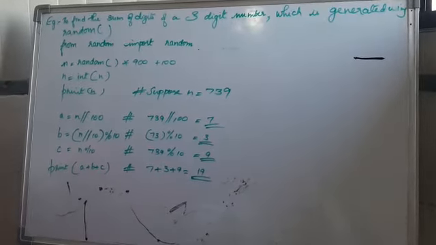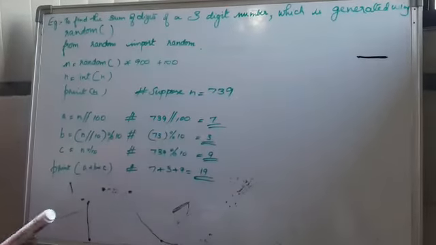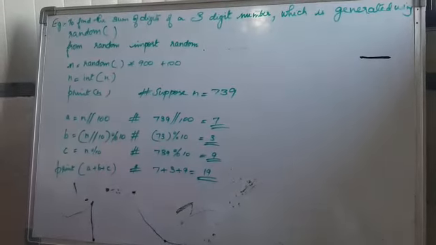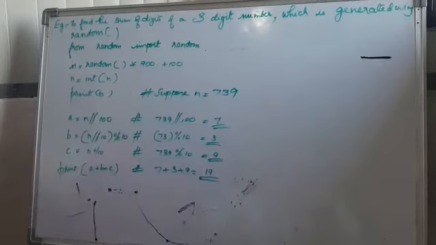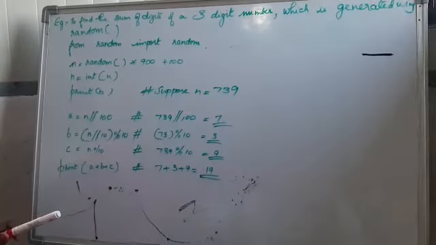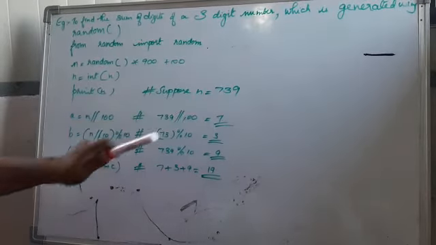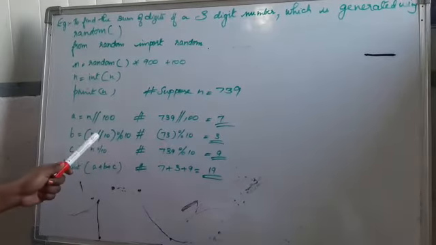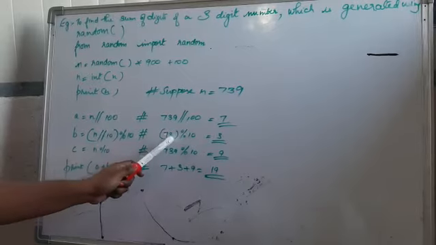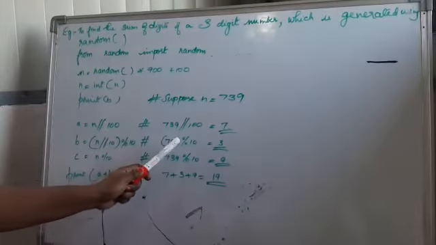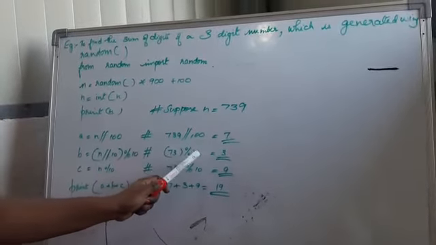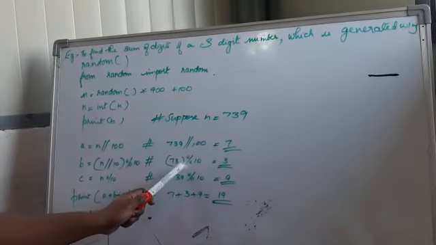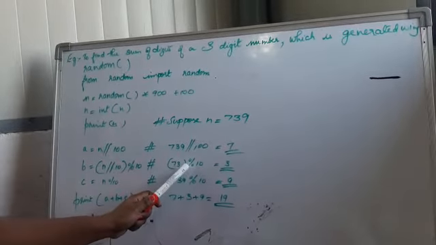Then we are still having this number with us, right? 739. So we have to extract 3 from that. For extracting 3 from this number, first of all we divide this number by 10, so that you will get the value 73. Again, this number is divided by 10, and you extract the remainder of that.